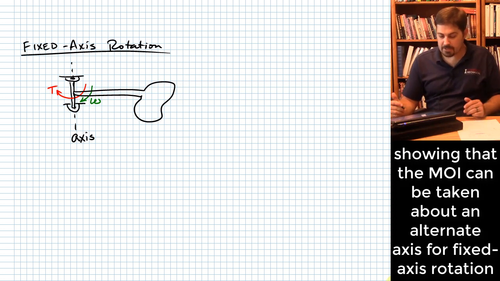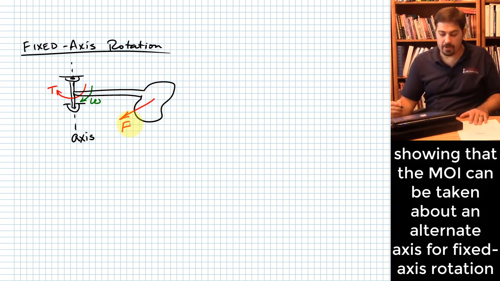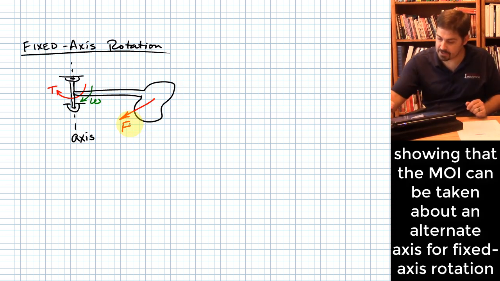When you have fixed axis rotation, it is common to have it set up so that you can have maybe a torque around that axis, or maybe even some forces that would be applied onto this thing that would be rotating around the axis. Either way, we have a little bit of simplification if we know that this is around a fixed axis, and it has to do with the moment of inertia.